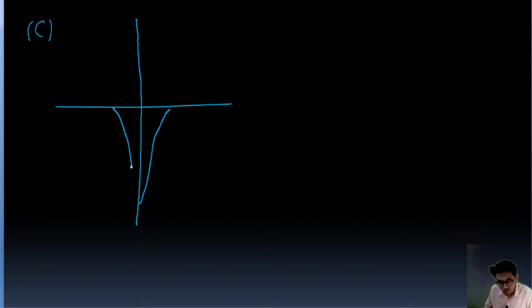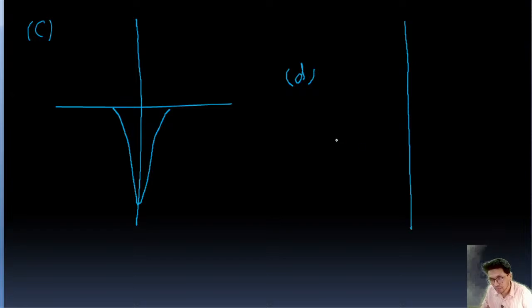Okay, this is graph C, and then graph D. These are schematic representations, and we need to select the correct one.